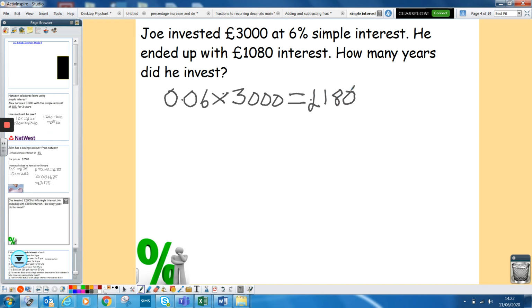And then, because this time the question is how many years did he invest for, I've got a total interest of 1,080. So if I do 1,080 divided by 180, it will tell me how many years he invested for, which, quickly type that in on a calculator, will be 6 years.